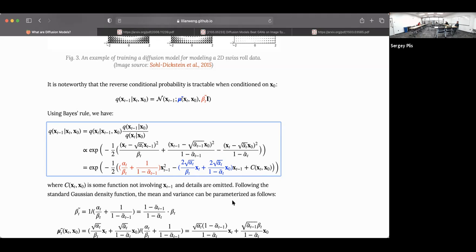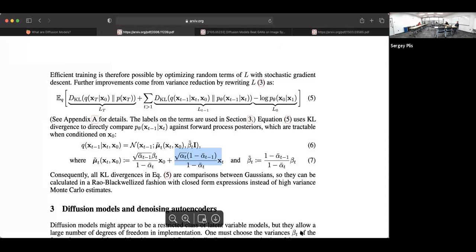Yeah, that explains it. Exactly. And that's what they're optimizing. So they're trying to make these two distributions as similar as possible, which makes sense, because in effect, they're trying to minimize the difference between the inverted Gaussian and this neural network.